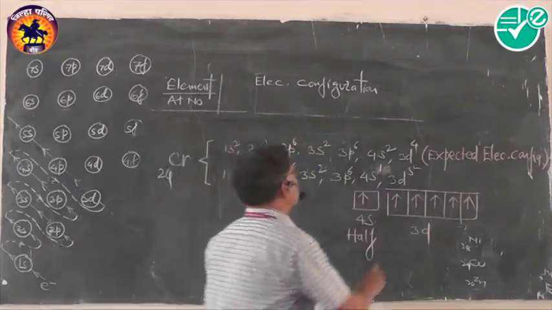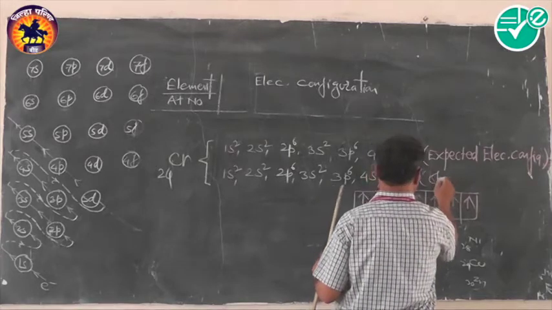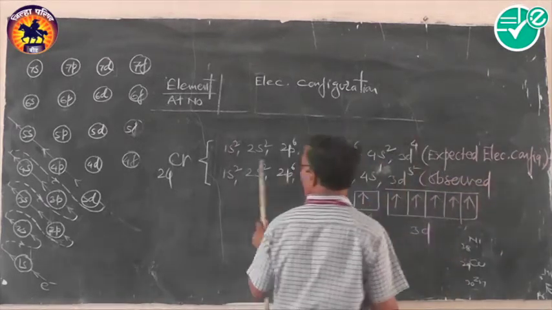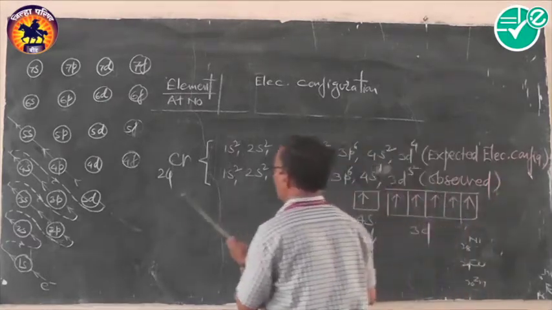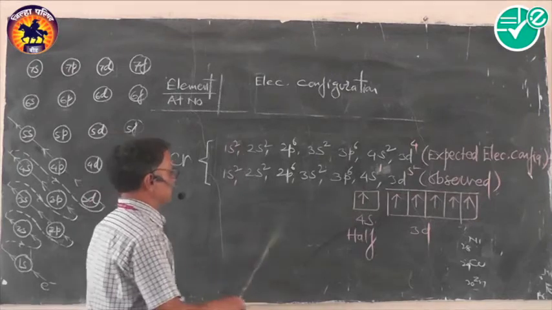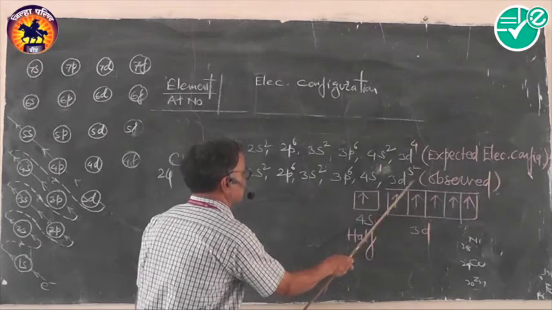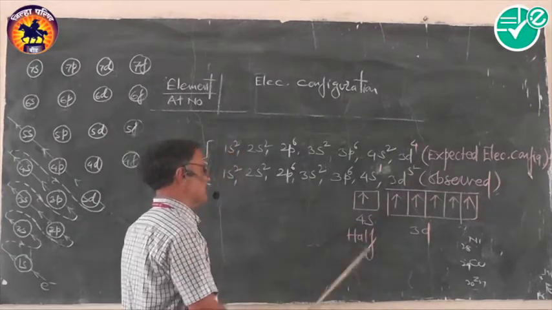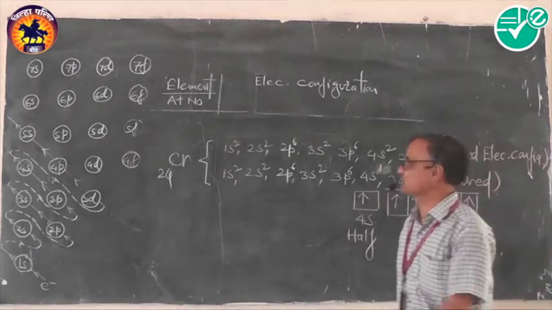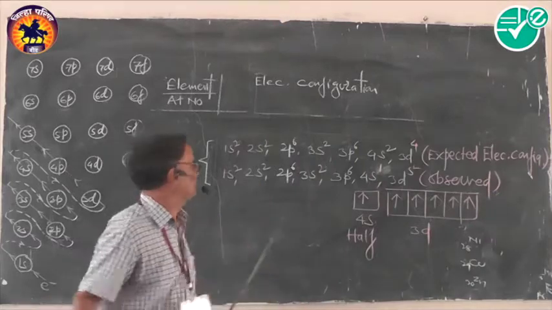Hence chromium shows this type of observed electronic configuration, that is, the last 4s and 3d subshells are half filled, containing 1 and 5 electrons respectively. So this is all about chromium.